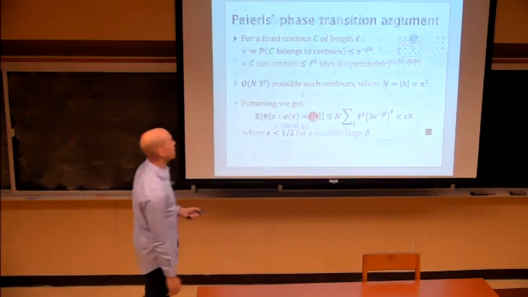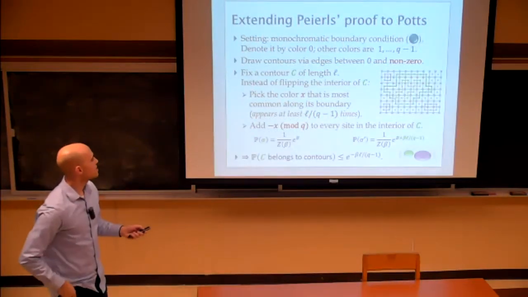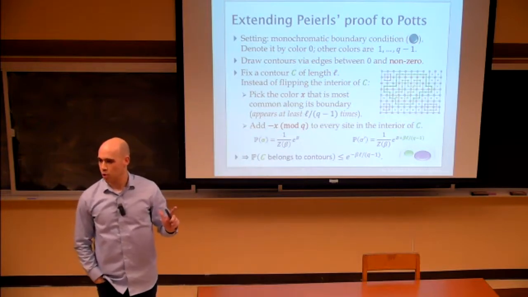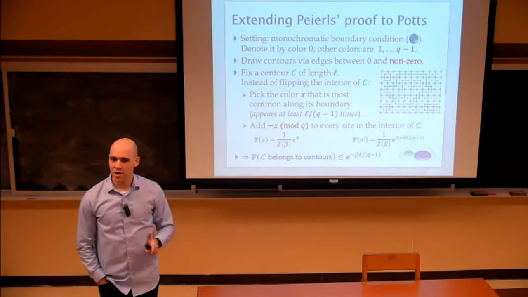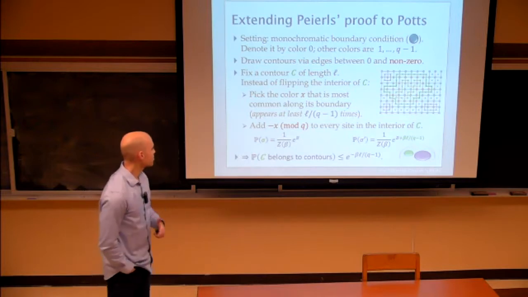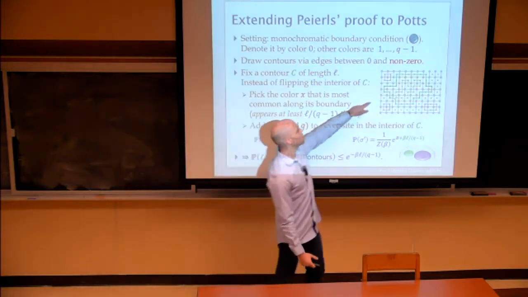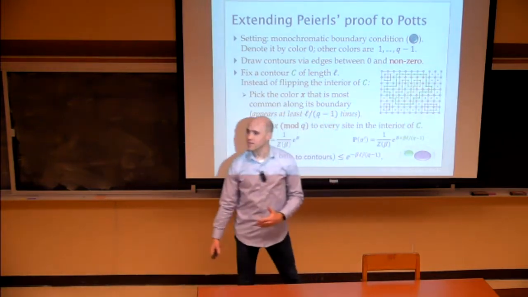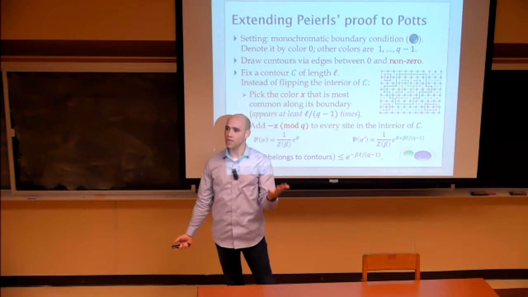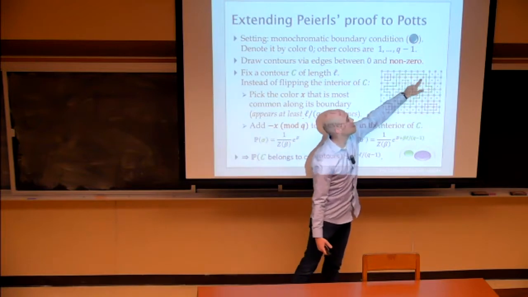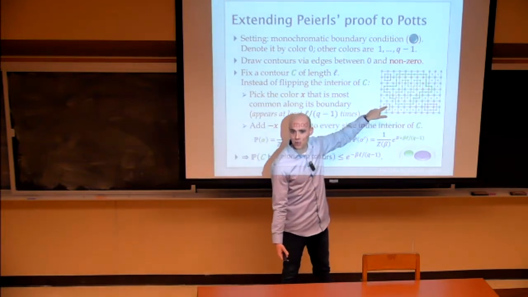And this is a slide that I added, but I'll do it very quickly. And the thing extends to Potts. You need to do something, because this is what I was talking about with the guys here before the lecture. I've never actually seen it, but you cannot invert anymore, because it's no longer a bijection. You don't have just 2 colors. You have Q colors. But you can select the color that is the most dominant along the boundary.